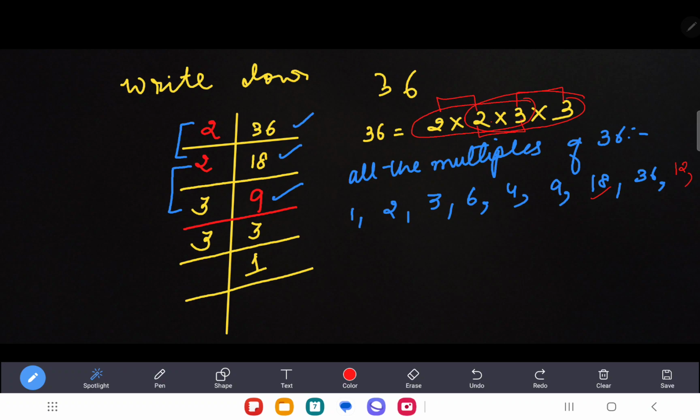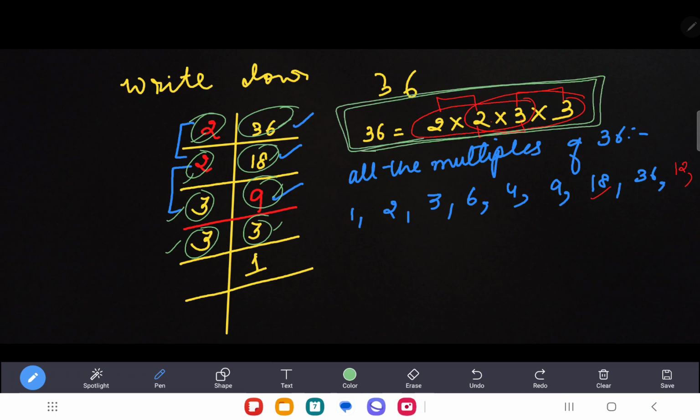Understood, Adam? So this is how we have to check that all the numbers here, 1, 2, 3, 4, 5, 6, 7, 8, all these are multiples, definitely factors. But also if you write it down like this, clubbing will also give you all the possible factors. This is how you write down all the factors.